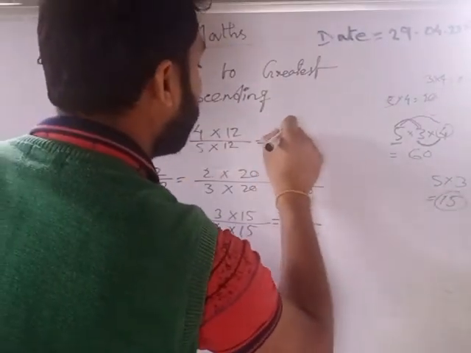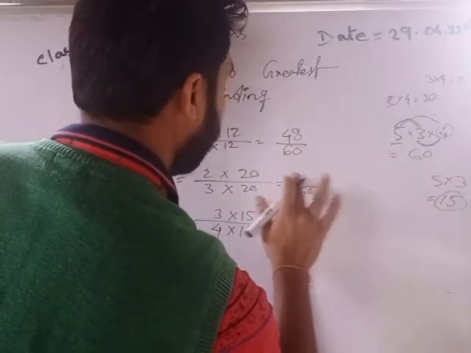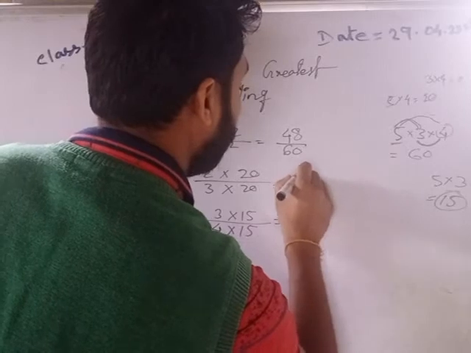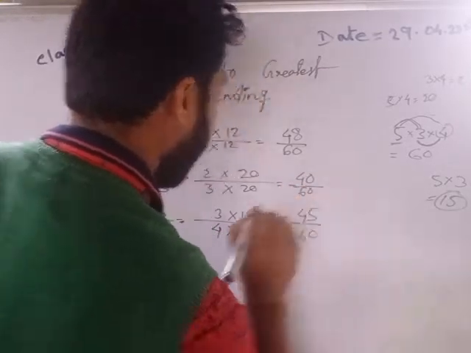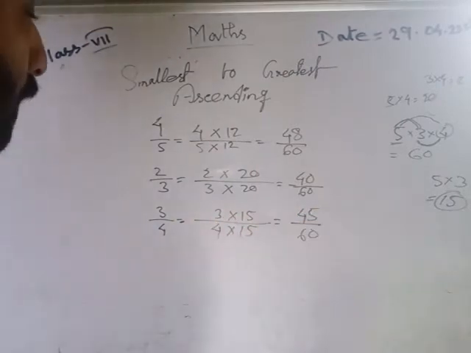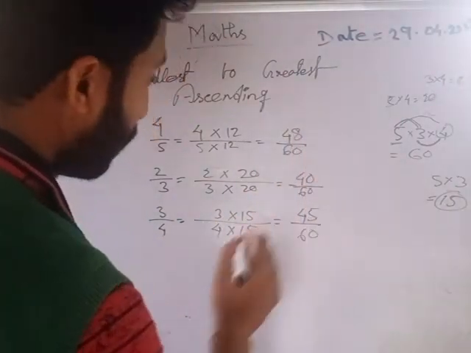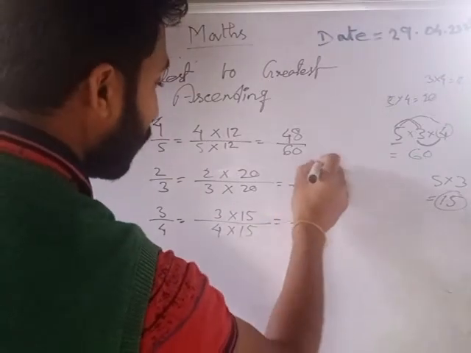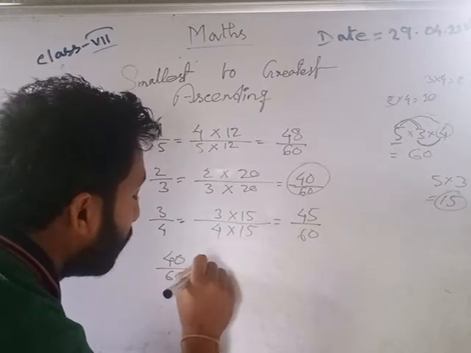12 4s are 48, 20 2s are 40, 3 15s are 45. That means which number is the smallest? Find out which number is the smallest. This number is the smallest. So we should write here 40 by 60.